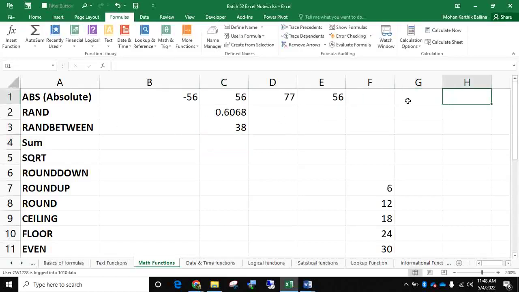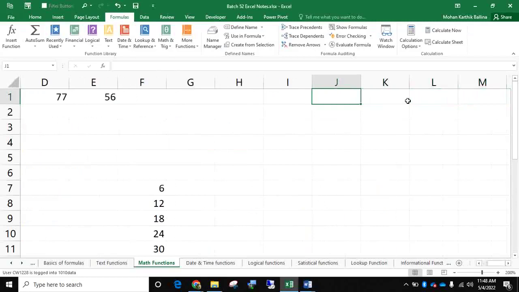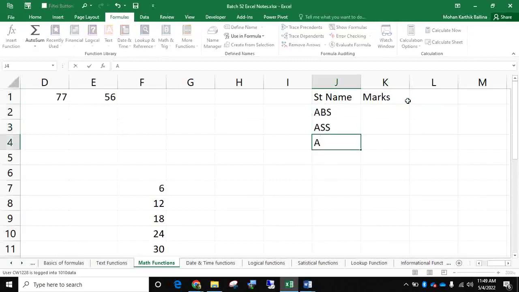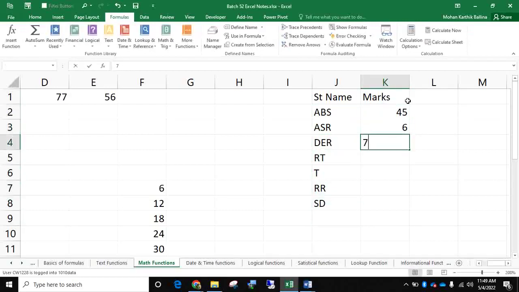Where can we use this? For example, I am going to create a table: student name, student marks. Now I want to enter marks like 45, 67. No need to enter them step by step.